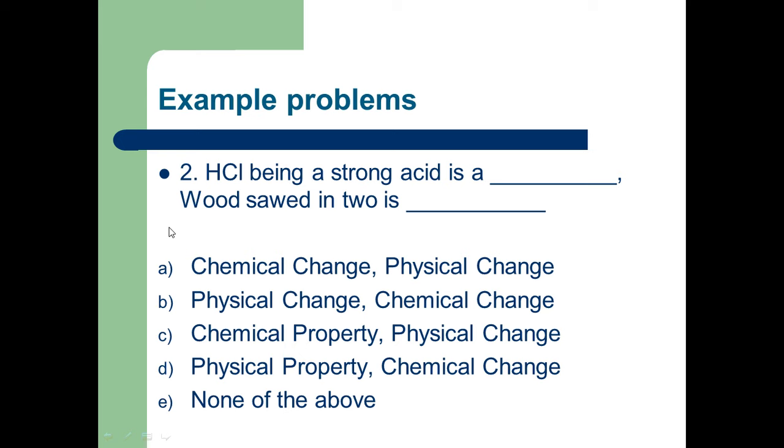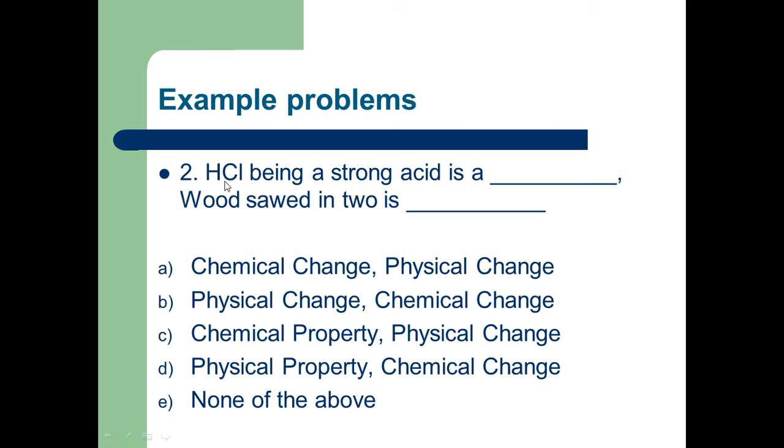All right, HCl. It says being a strong acid. If you want to know how that's named, again, we'll learn naming later. But if you want a little preview, this is called hydrochloric acid. Okay. Hydrochloric acid, being a strong acid, is a blank. Wood sawed into halves is blank. Okay. So a harder one because you've got 2 pieces here.